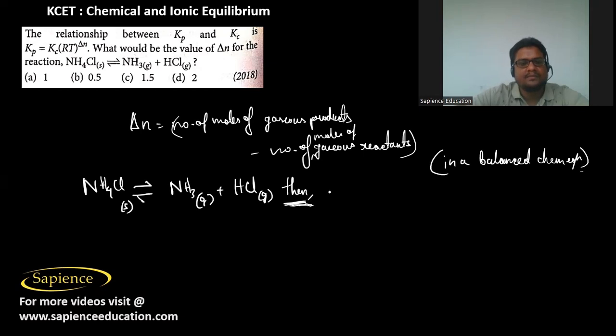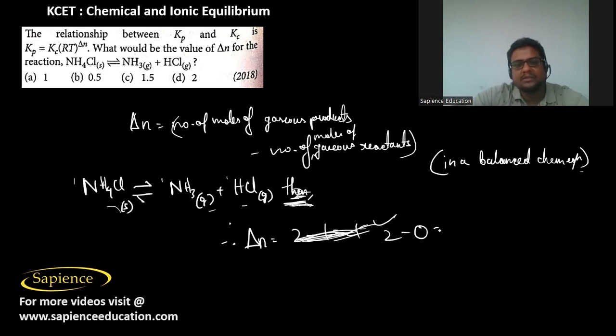So 1 mole of NH3 and 1 mole of HCl are formed from 1 mole of NH4Cl. Okay, no, here the number of gaseous products is 2 and the number of gaseous reactants is 0. So therefore it will be 2 minus 0 is equal to 2. So option D is the correct answer.